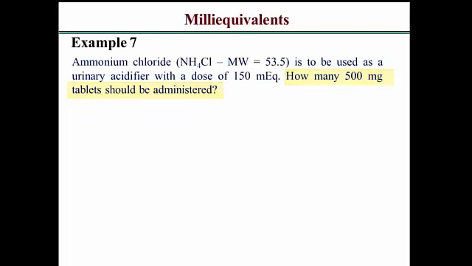So this example is asking you to determine your quantity in milligrams after being given milliequivalents. Like I said earlier, you need to be able to accurately interconvert between milligrams, millimoles, and milliequivalents. This is one example where it's asking you to determine the milligrams given the milliequivalents.